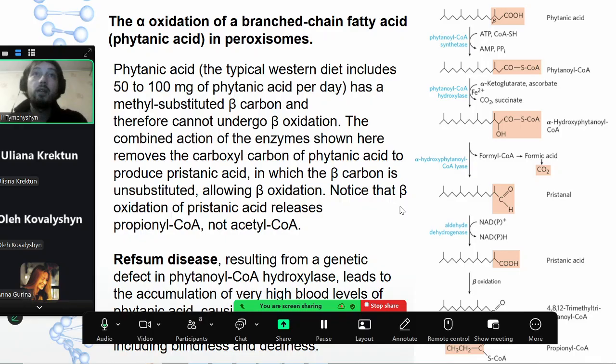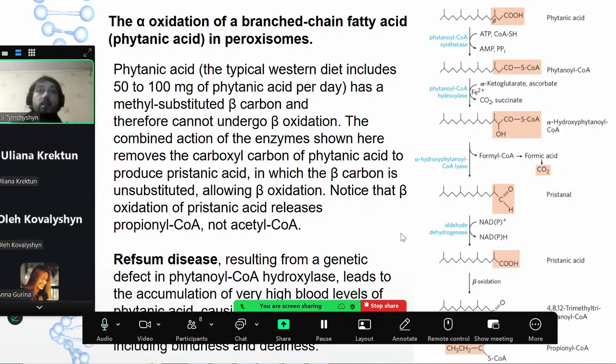It has the methyl substituted beta carbon and therefore cannot undergo beta oxidation, and the combined action of the enzymes shown on the right, so here you see the whole chain of events, removes the carboxyl carbon of phytanic acid to produce pristanic acid, in which the beta carbon is unsubstituted, allowing beta oxidation.